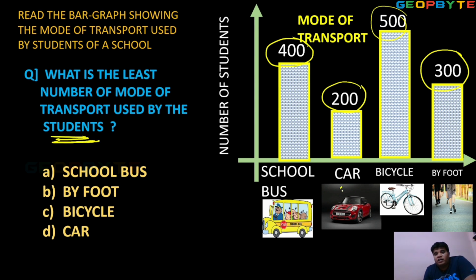What is the smallest diagram? Car. Once again, clearly observe the question. The smallest diagram here is car. So the answer is car. Option D is the answer.